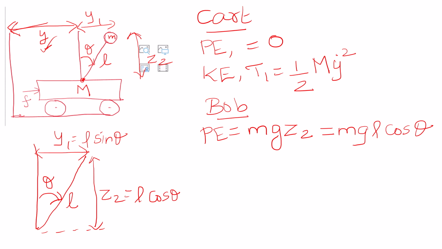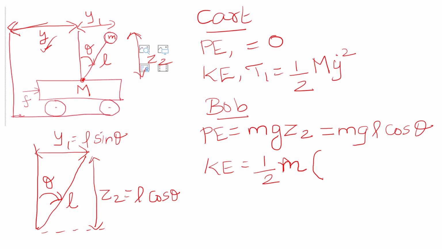Next we'll get the kinetic energy. Kinetic energy is half the mass of the bob, small m, into, as I have told, the bob has both horizontal and vertical motion. So what is the horizontal distance?